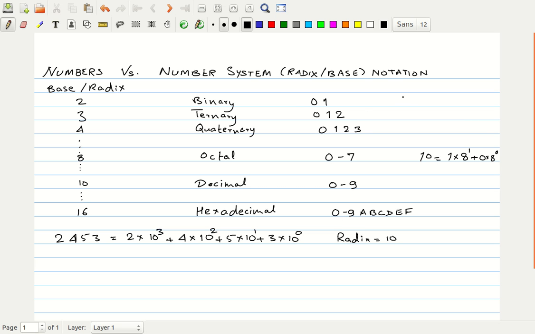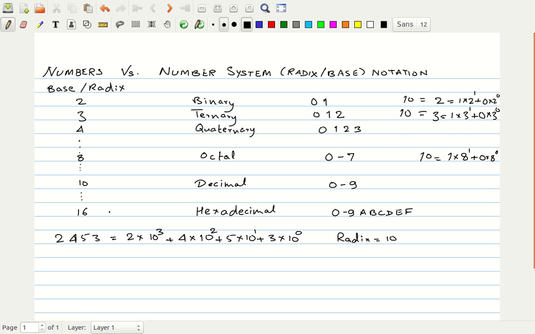Similarly, if I write 1, 0 in base 2, this is actually equal to 2, because this is 1 into 2 to the power 1 plus 0 into 2 to the power 0. If I write 1, 0 in base 3, this is equal to 3, which is 1 into 3 to the power 1 plus 0 into 3 to the power 0, right?